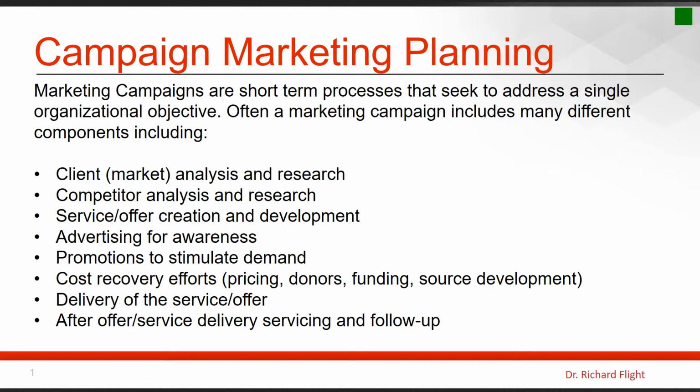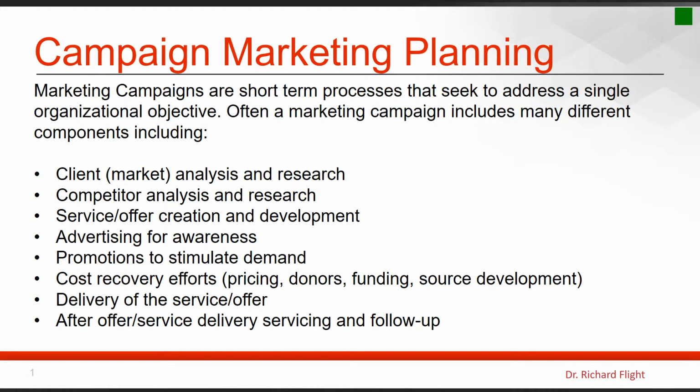We may include some type of a promotional activity to stimulate demand for our good, our product, our offer, and then we want to make sure that its costs are covered one way or another, either through donors or pricing or something along those lines. We need to execute and deliver our product or our service, and then we need to do after service follow-up.